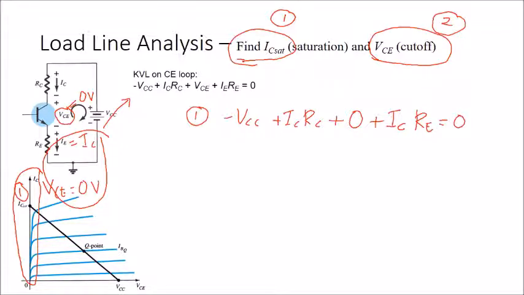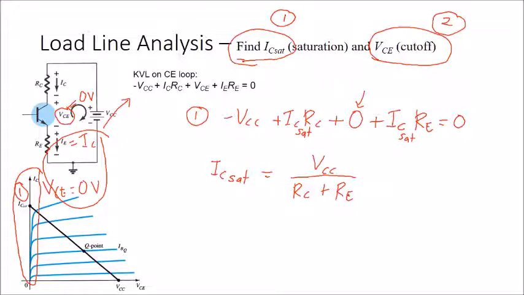For these conditions, when you substitute the value of VCE equal to 0, this is during IC saturation. So I just write here IC saturation. Meaning you have to find the value of IC saturation by rearranging this equation. So we'll get the value of IC saturation equal to VCC over RC plus RE. So this is the first point.